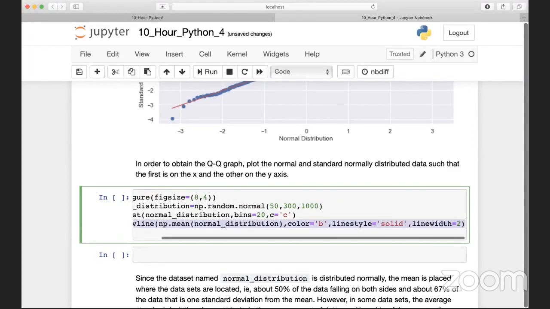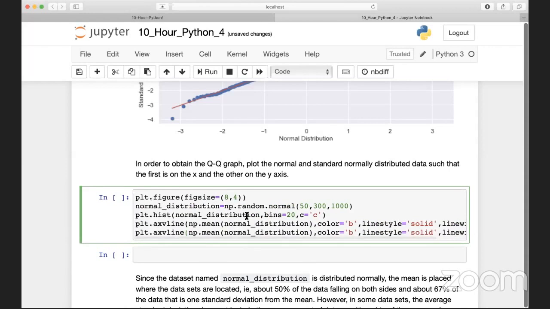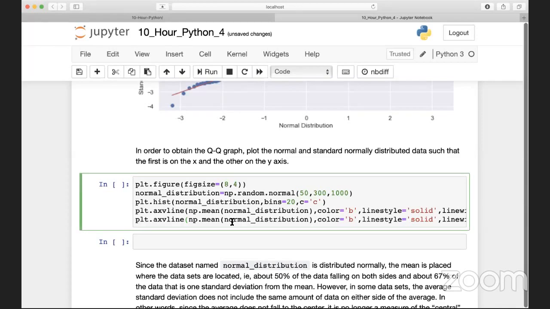So I will copy this one and draw another vertical line, but this time I will change the location of the vertical line like this: np.mean of the normal distribution, plus 2 times np.std of the normal distribution, which means that I will draw a vertical line from the point that is 2 standard deviations away from the mean. This is what this is for.